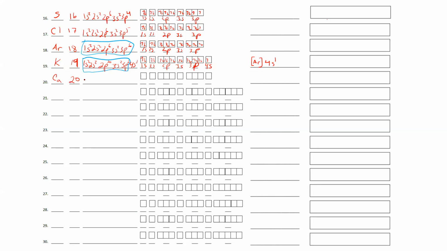Calcium has 20 electrons, 1s2, 2s2, 2p6, 3s2, 3p6, 4s2.